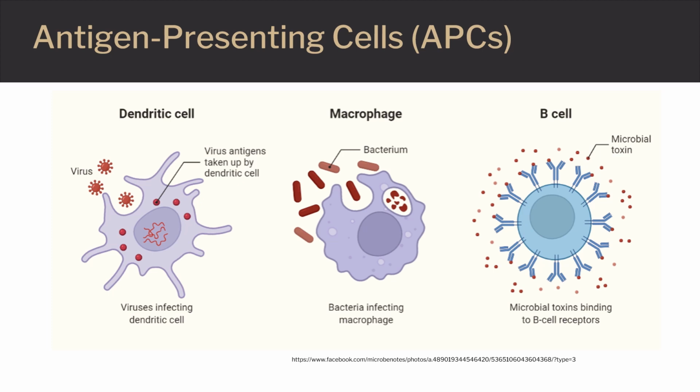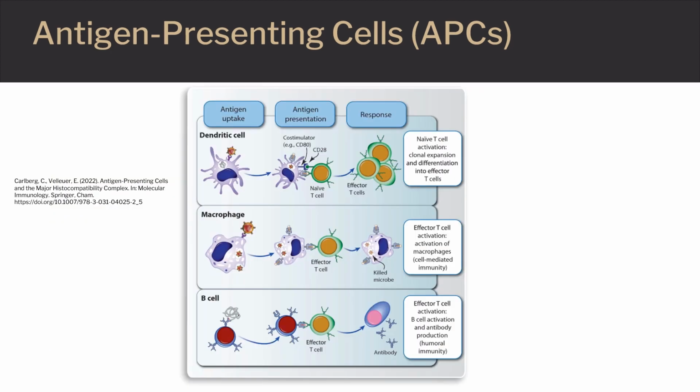However, only macrophages, dendritic cells, and B cells have the ability to present antigens specifically for the purpose of activating T cells. For this reason, these types of cells are sometimes referred to as antigen-presenting cells, APCs. While all APCs play a similar role in adaptive immunity, there are some important differences to consider.